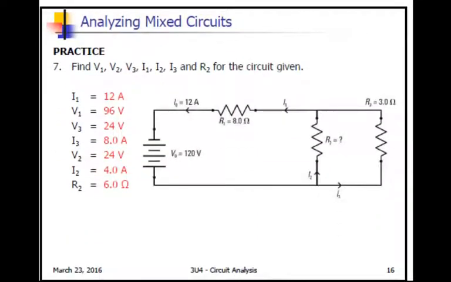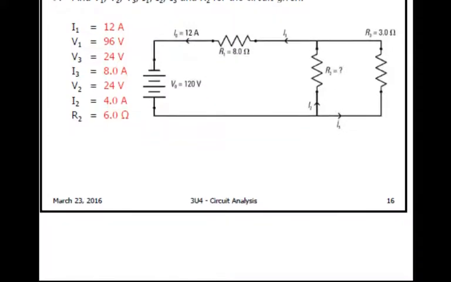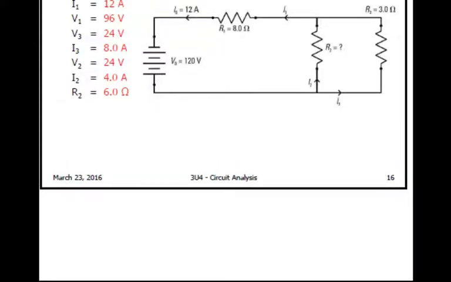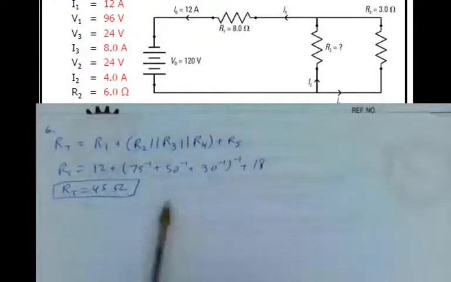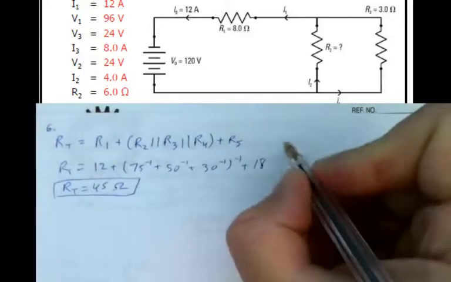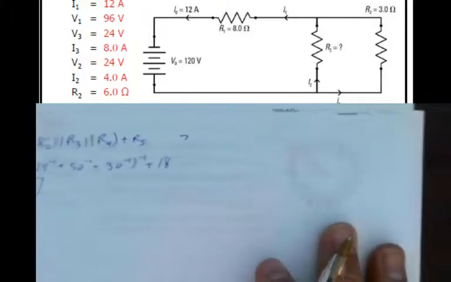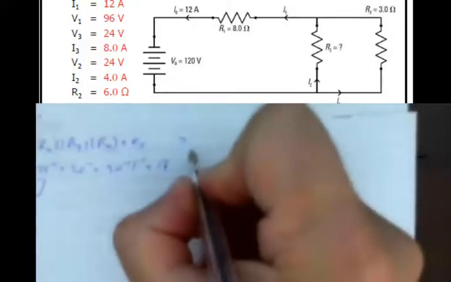So here's a full analysis question. We have our full circuit here, and we need to solve for all of the missing values. How I like to start with one of these questions is by first writing down what we need to solve.